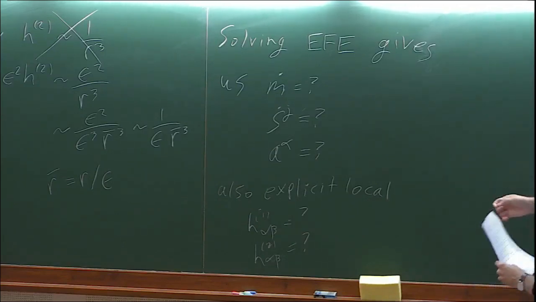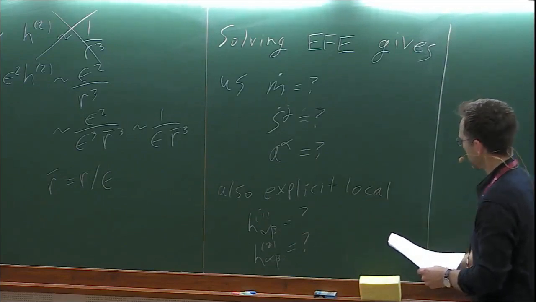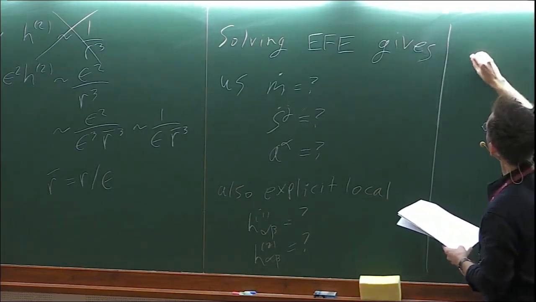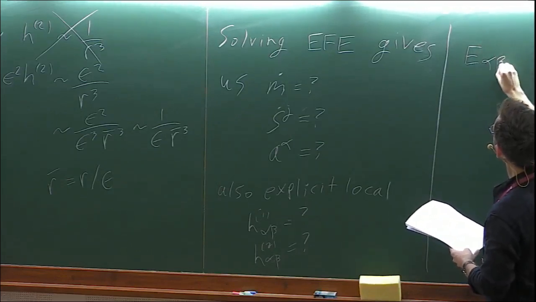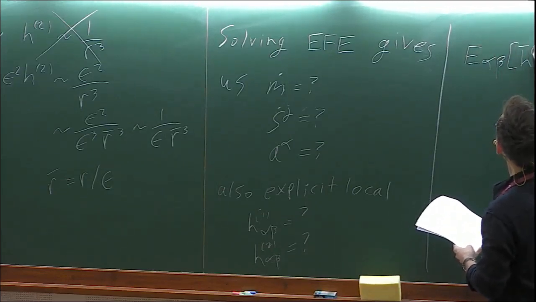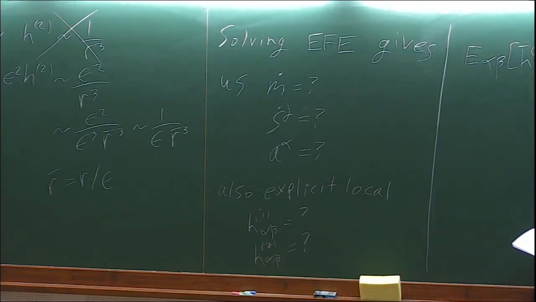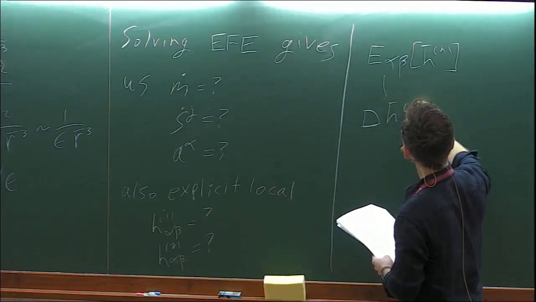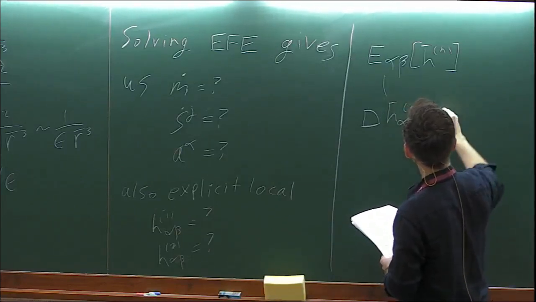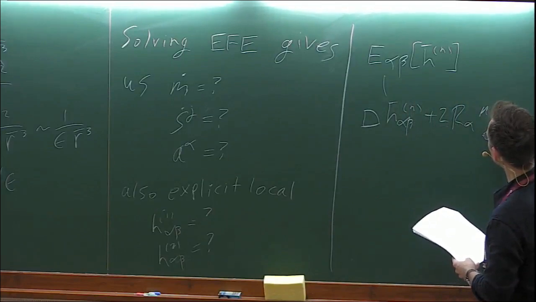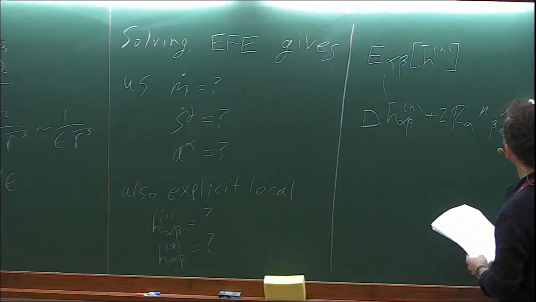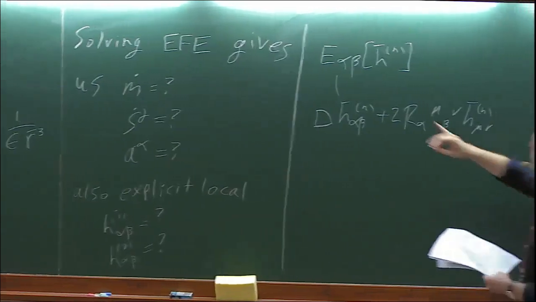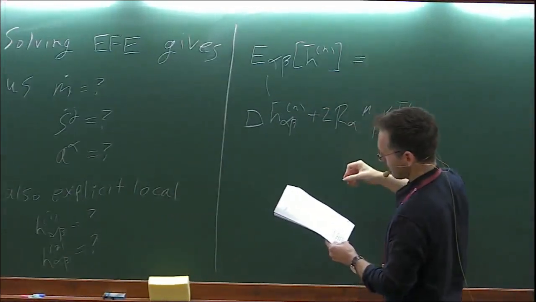Okay, so we had ended yesterday with an expression for this E alpha beta of h bar n. So remember, E was box h bar plus 2r alpha mu, beta nu, h bar mu nu. So this is what's on the left-hand side of the Einstein equation.